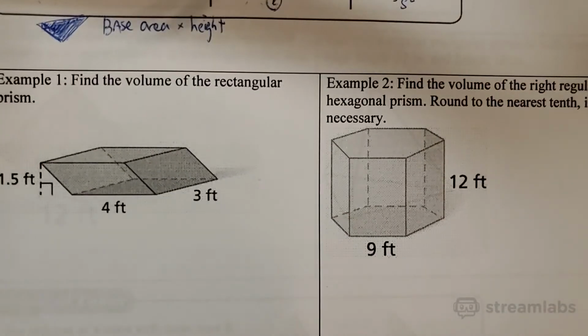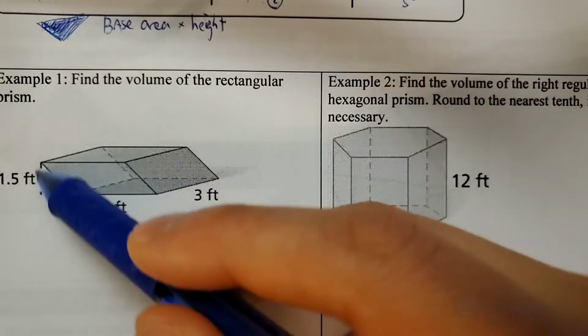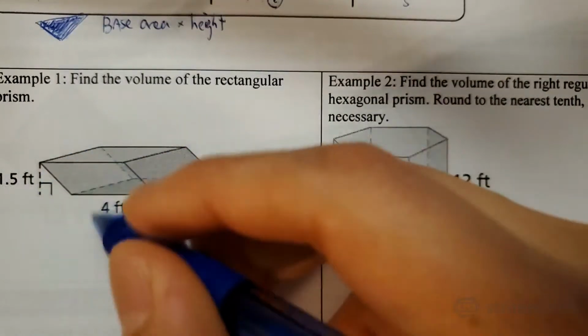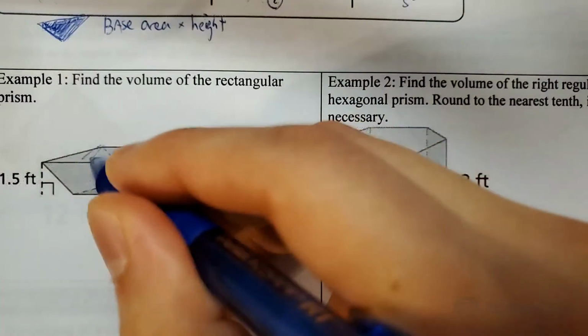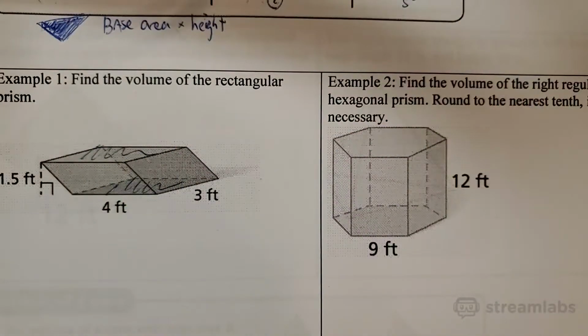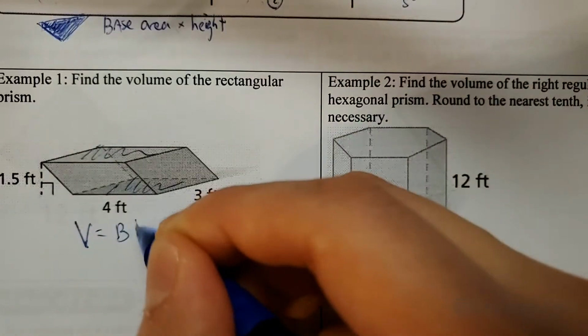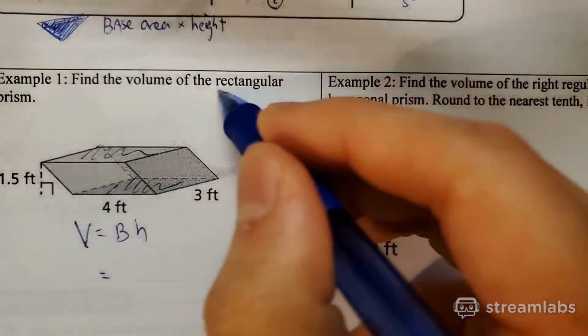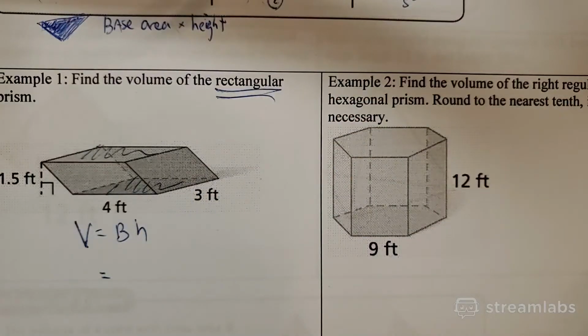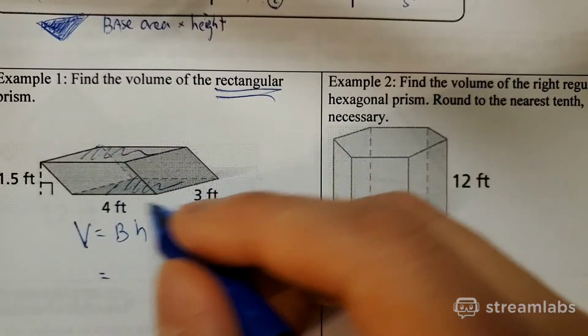So, like we said before, a prism doesn't have to be upright, which means that it can slant. As long as the two bases are consistent throughout the whole prism, then you're fine. So, what is this? Volume equals base area times height. Because they say it's a rectangular prism, we know it's a rectangle in the base. Rectangle is length times width, right?